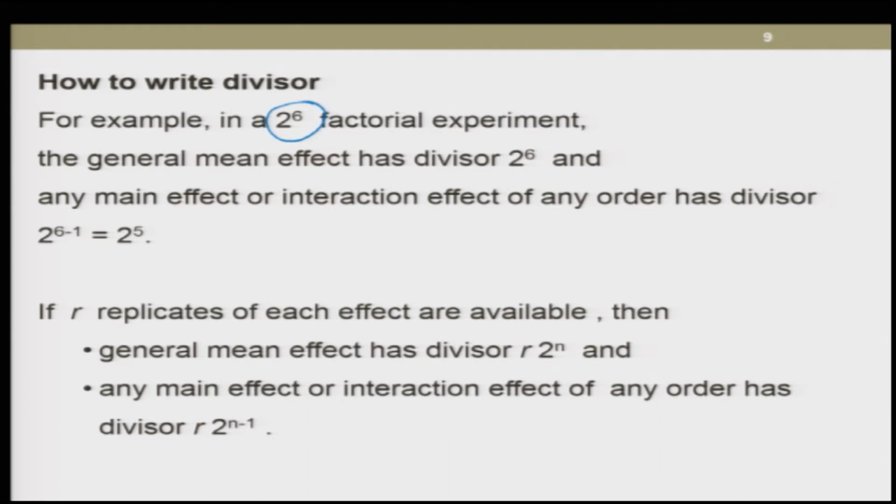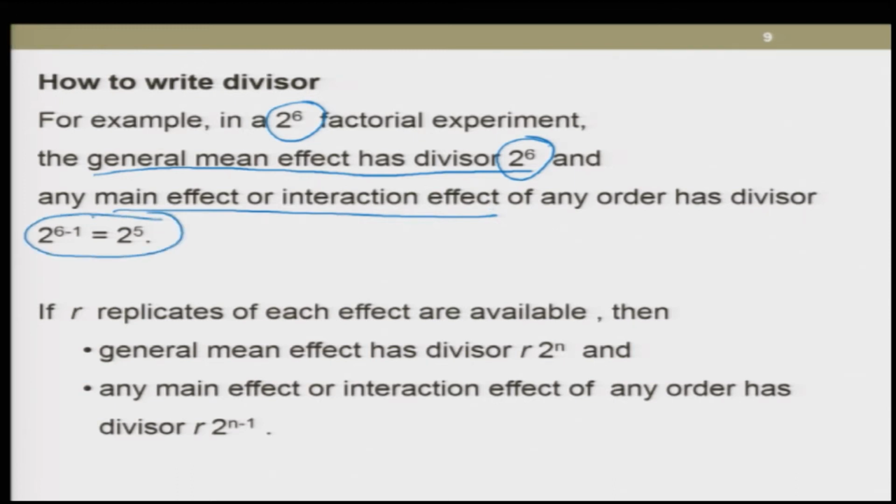In this case the mechanical rule will help us. The divisor for the general mean effect will be 2 to the power of 6, and for any other main effect or interaction effect the divisor is going to be 2 to the power of 6 minus 1, which is 2 to the power of 5.